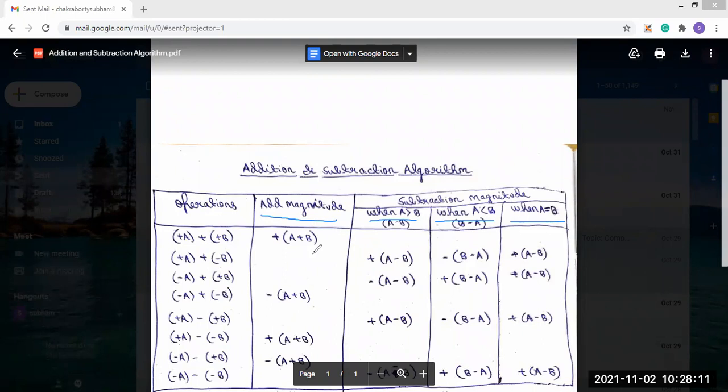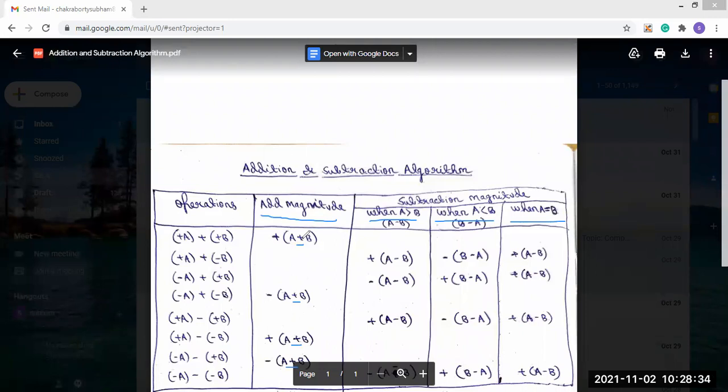Now, which conditions will we use as the add magnitude? If we perform this for add magnitude, in the middle of the variables there will always be a plus.